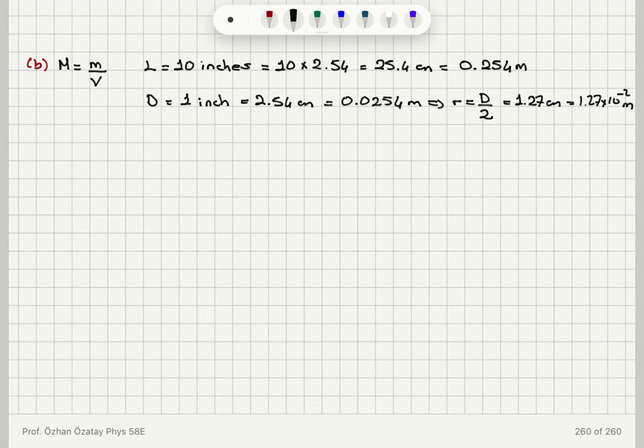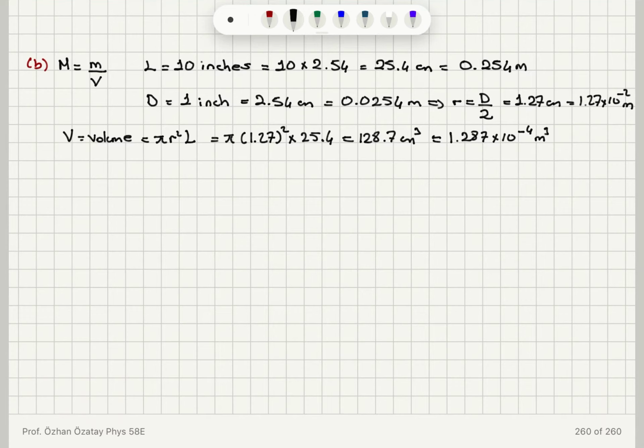Okay, so the volume V is equal to pi r square times L. So it's going to be pi times 1.27 square times L. If I work in CGS, this will give me 128.7 centimeter cube. If I replace centimeter cube with meter cube, I would need a 10 to minus 6. So this would become 1.287 times 10 to minus 4 meter cube.